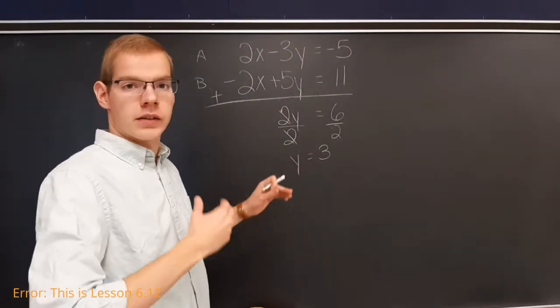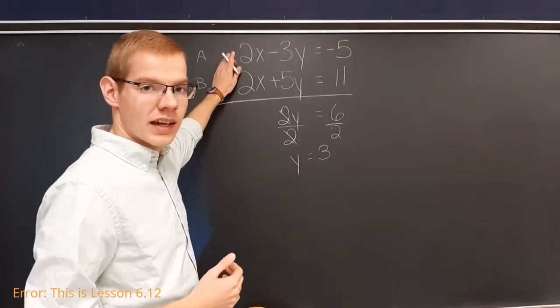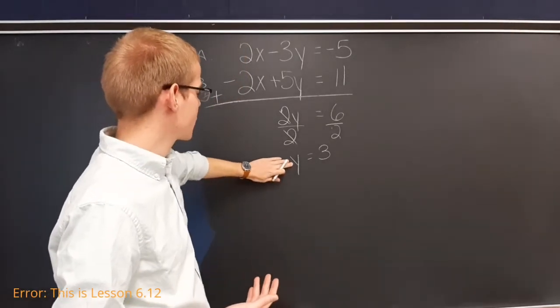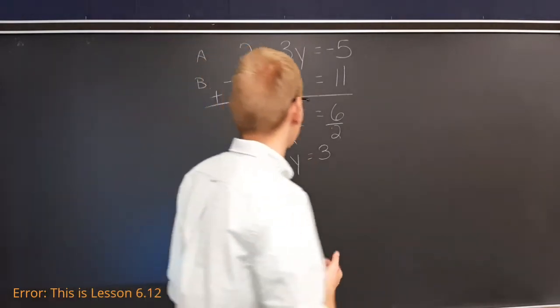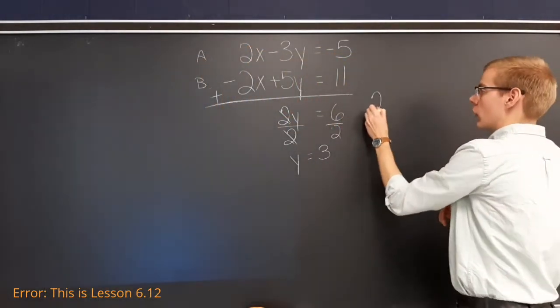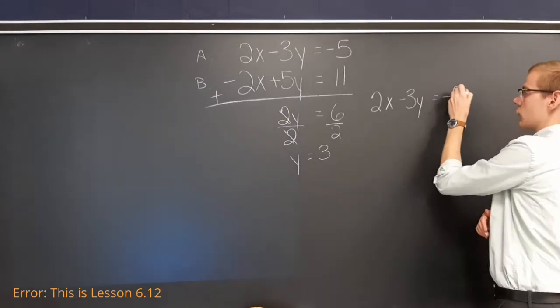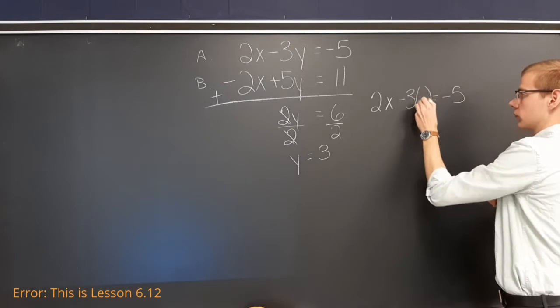So you have the second number in the coordinate, which is y. Now we need to take A again. Always just take the first one. Take A and substitute this y, plug that one in. So 2x minus 3y equals negative 5. Instead of this y, put a 3 there.